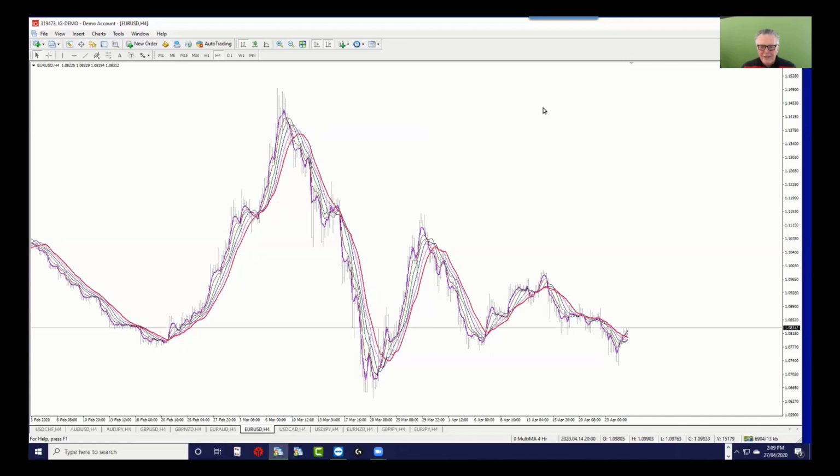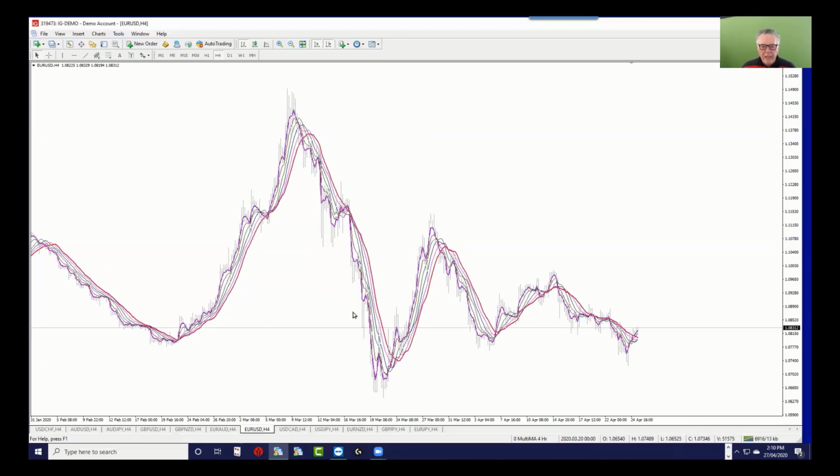There's a few really nice, and they're pretty old-fashioned ways of looking at it, but they still work pretty well. So the other one is the old-fashioned trend line violation method. So if you look at the red moving average there, trend line moving average violation.